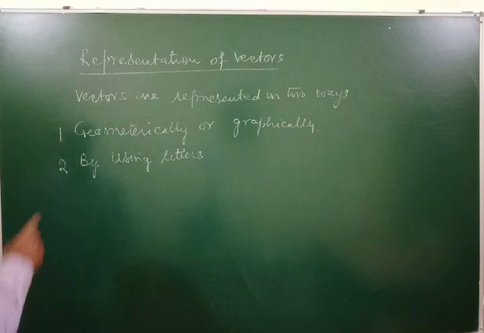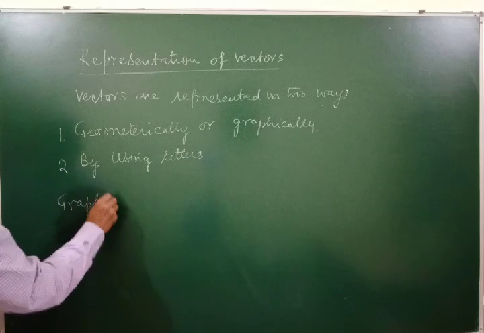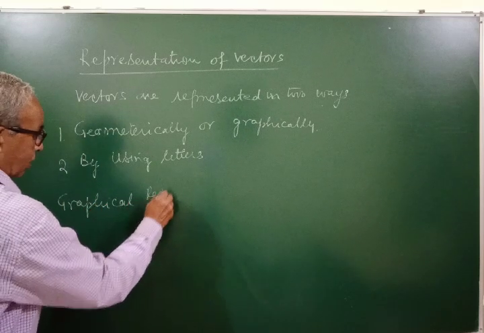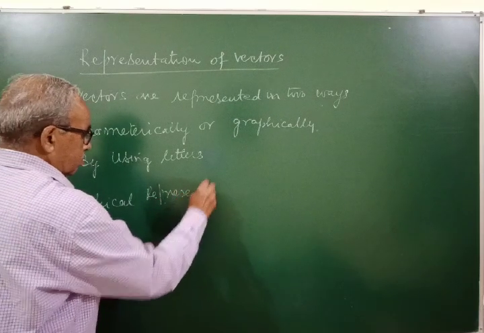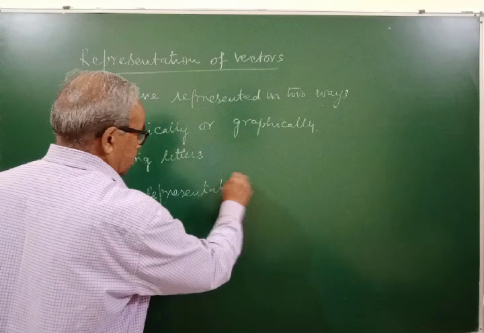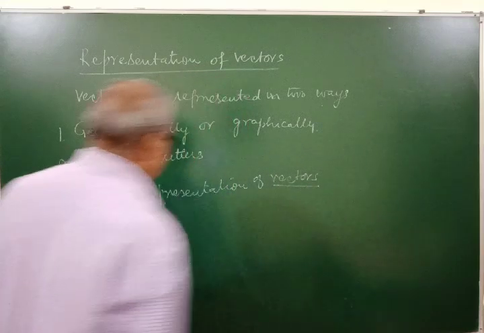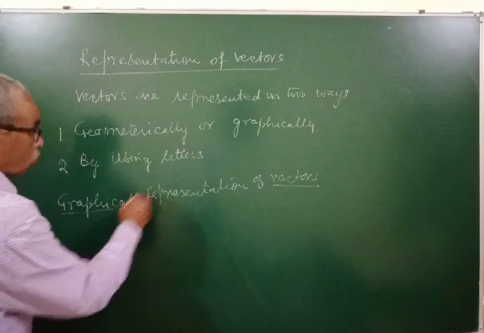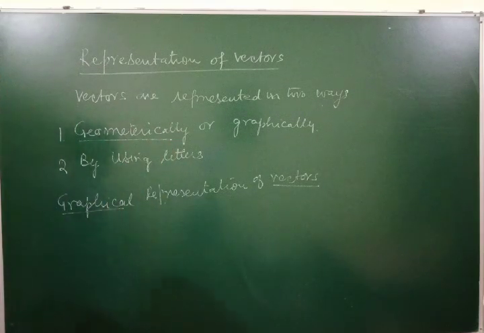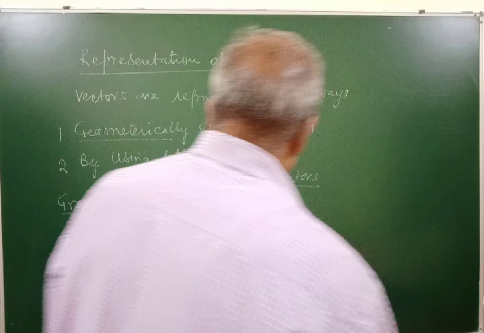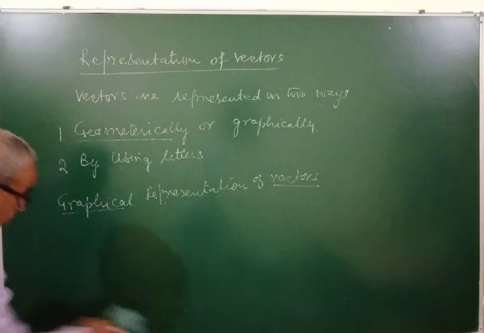Now, how to represent graphical representation? Graphical representation of vector. Graphically or geometrically, a vector is represented by an arrow, or I simply say by a line with an arrow on its head.